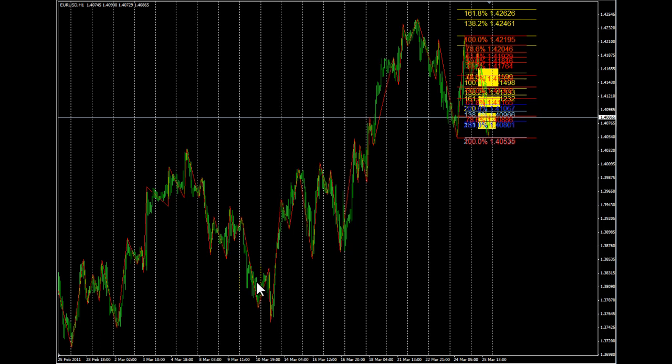So what it will do is measure all these small and big swings, which one is an AB swing for a retracement calculation, which one is an ABC swing. So we've got an A, we've got a B, we've got a C here. This is a C because it never broke this level, so this one qualifies. Here's an A, here's a B, here's a C, or here's an A and a B. It will do all that automatically.